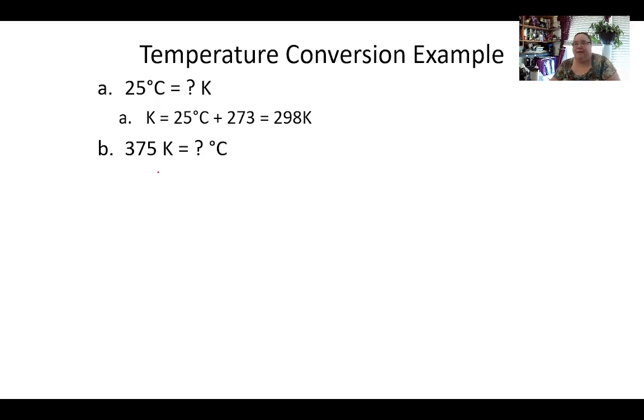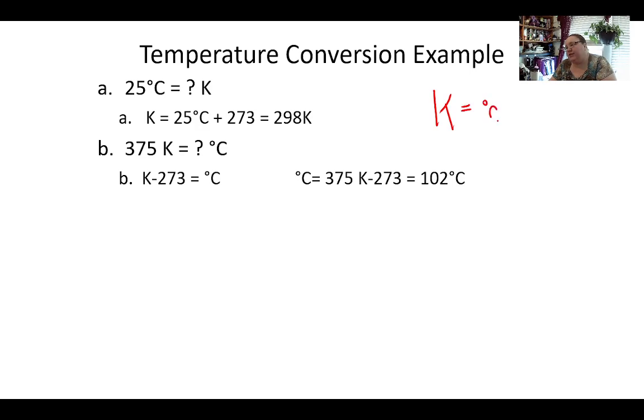So, let's say for some reason we've gotten the answer in Kelvin, but we need to know it in Celsius. Then if I'm going from Kelvin to Celsius, I just have to subtract. The K equals degrees Celsius plus 273 is also on your formula sheet.